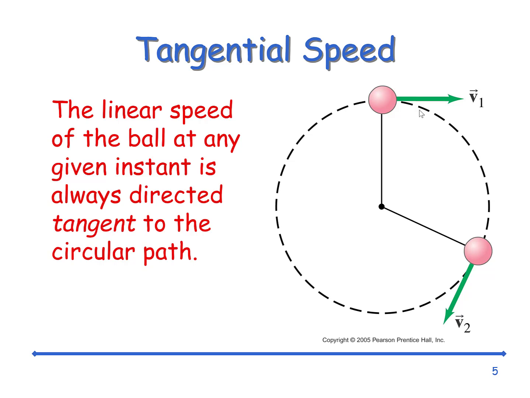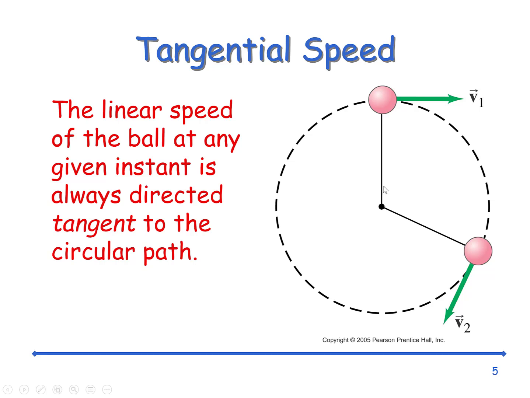Now, in geometry, we used tangent to mean two different things. Right? We talked about tangent in terms of trigonometry, the tangent of a right triangle. But we also talked about a tangent line to a circle, where a tangent means that it intersects my circle at exactly one spot.